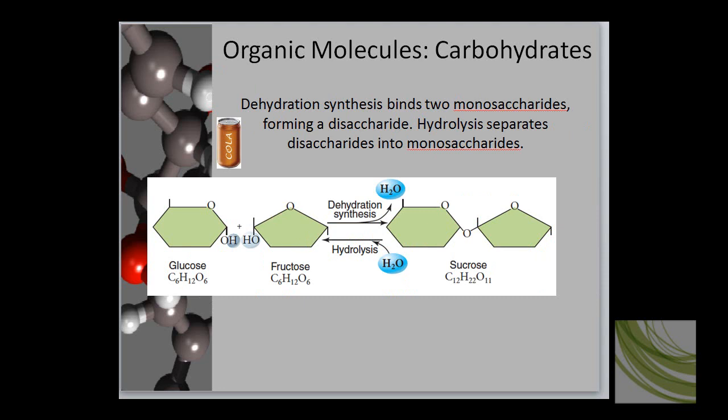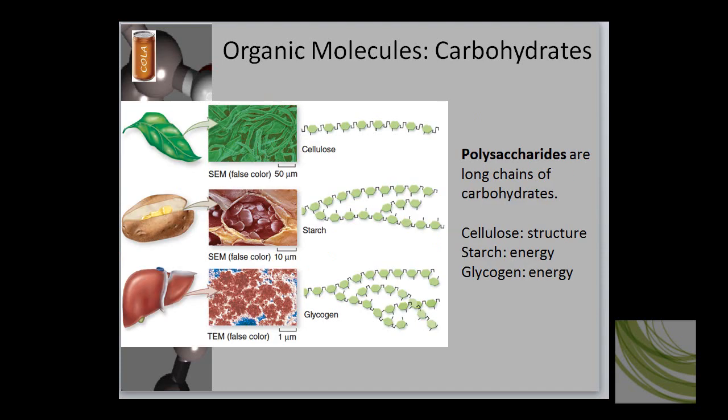So here is dehydration synthesis happening. We're taking a glucose and a fructose. There's the H2O we're going to take out, and we make table sugar, sucrose. Some different carbohydrate molecules: there is starch. You find this in stuff like potatoes and carrots, things like that.